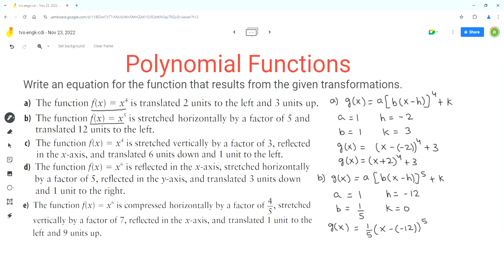X minus -12 is equivalent to x plus 12. So this should be the final answer for part B. Now we can answer part C.